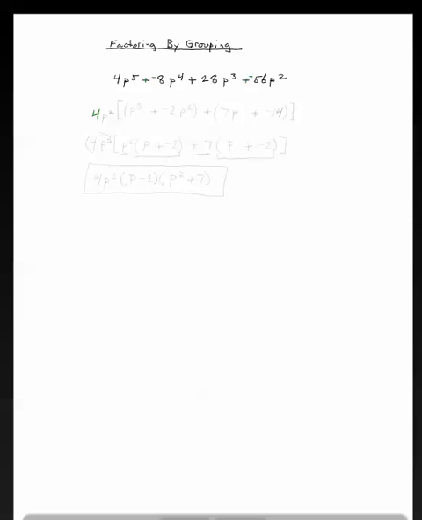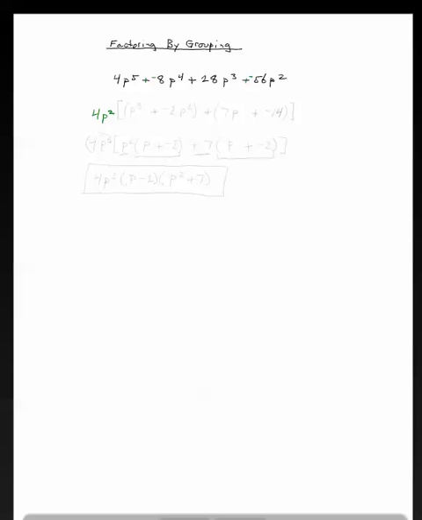So if I look at each of these terms, the smallest number of factors of p that I have is the last one, p squared. So that's going to be my greatest variable factor. So my greatest common factor for this polynomial is 4p to the power of 2.